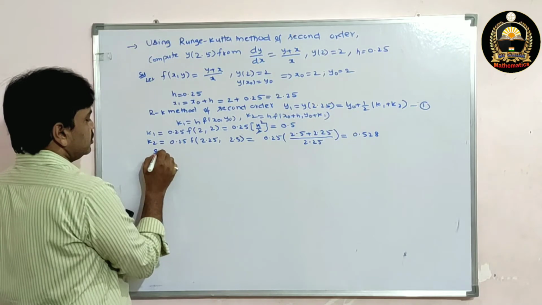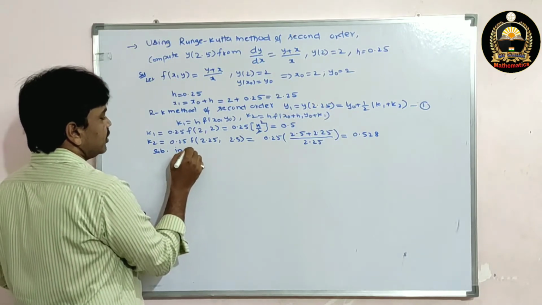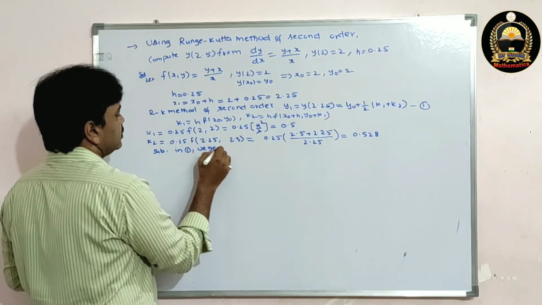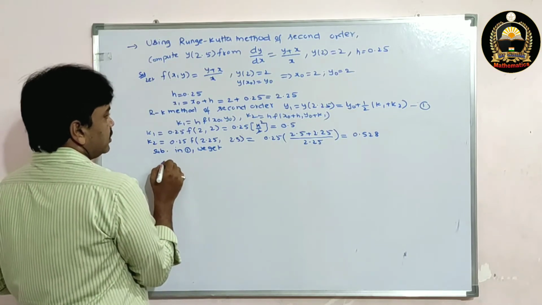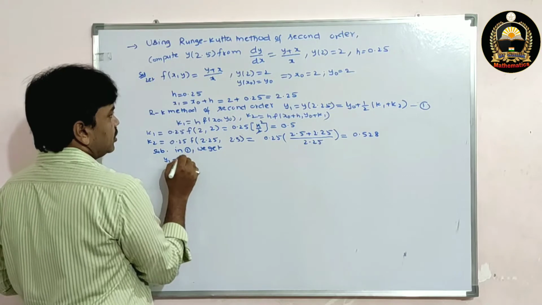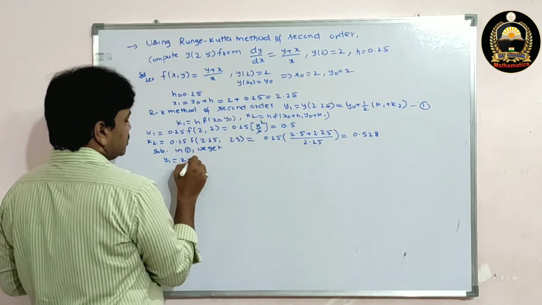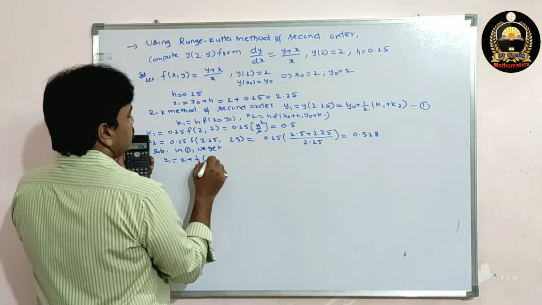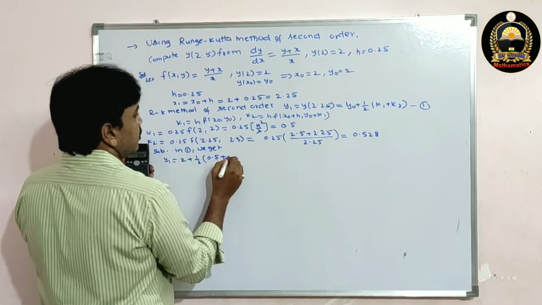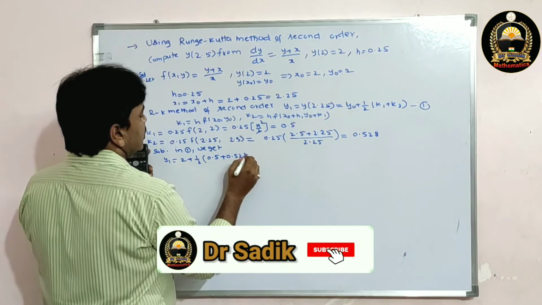So substitute in 1 we get y1 is equal to y0. What is y0 value? 2 plus 1/2 into (k1 value 0.5 plus k2 value 0.528).